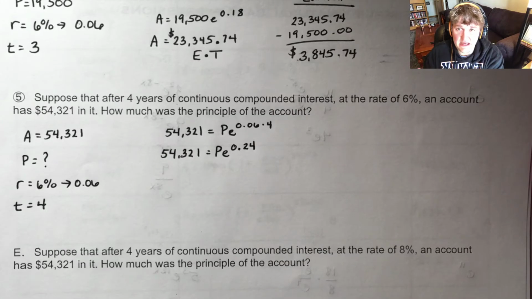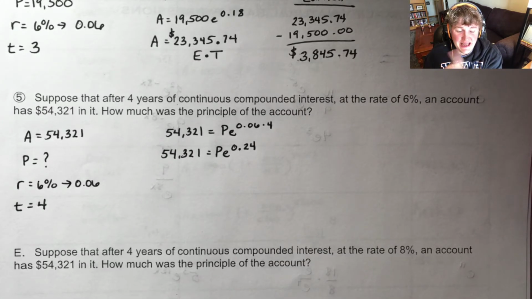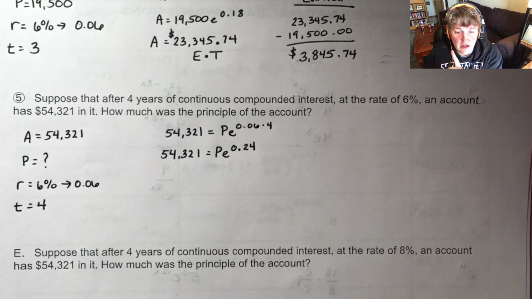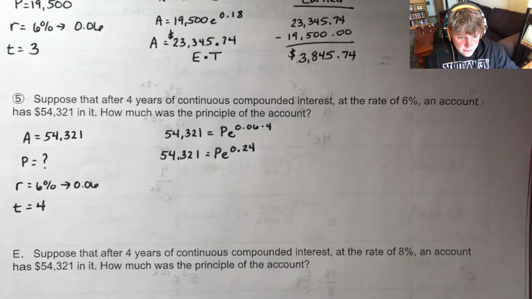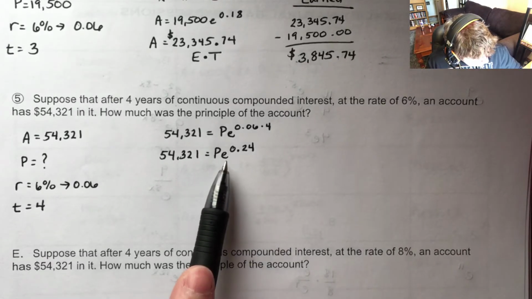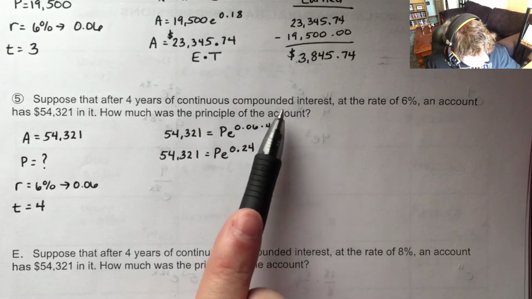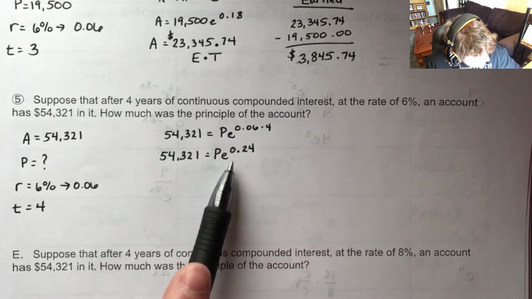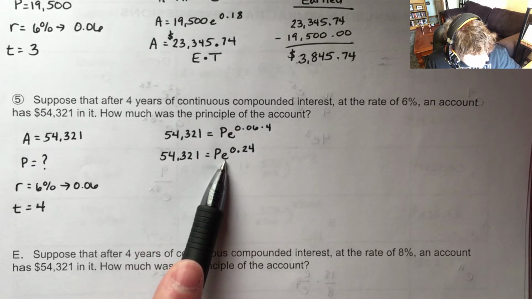One, E is used when we are using naturally occurring continuous exponential growth or decay. Here we have continuously compounded interest, so continuously tells me I'm going to use this E formula.